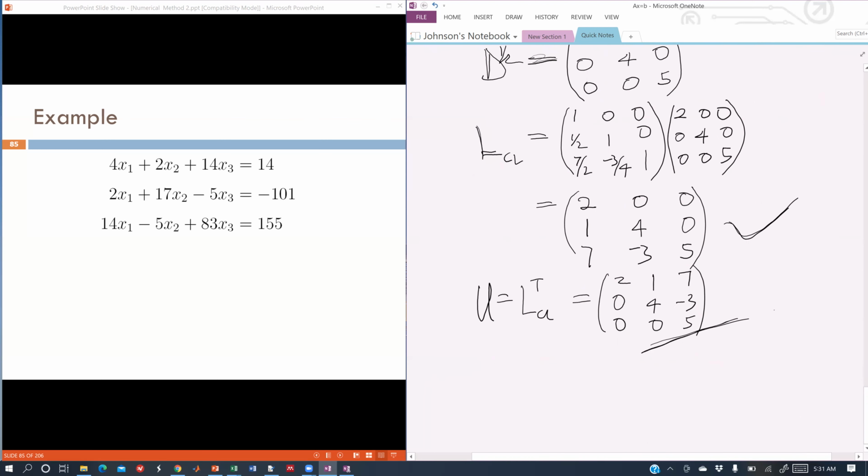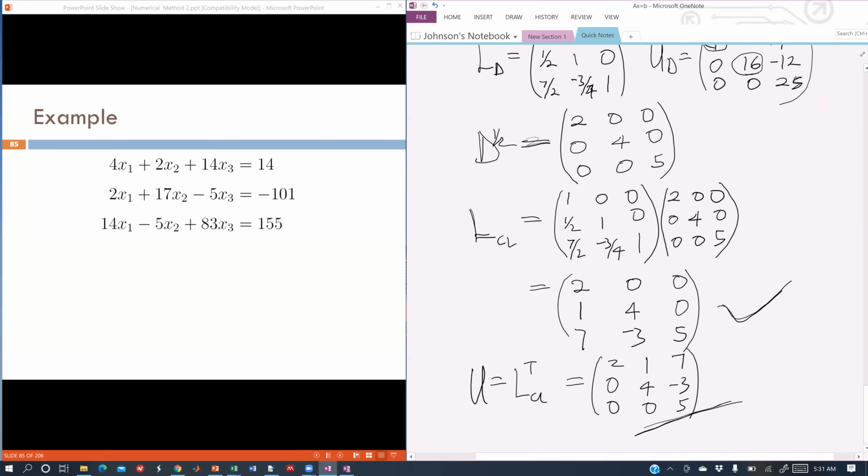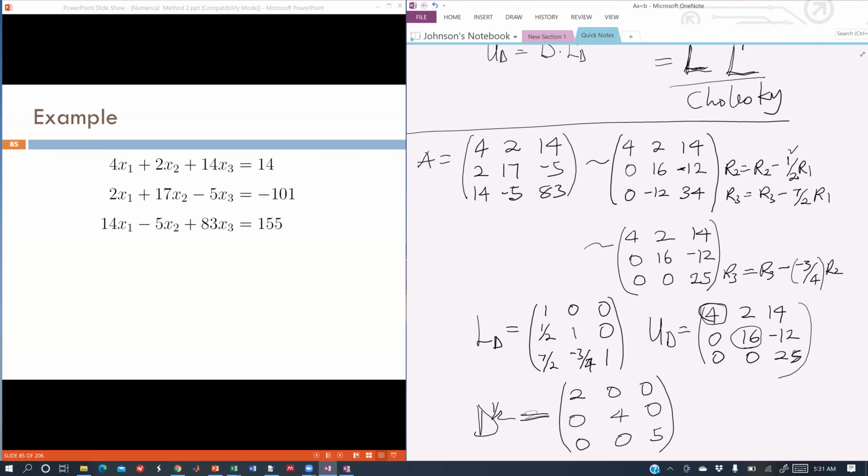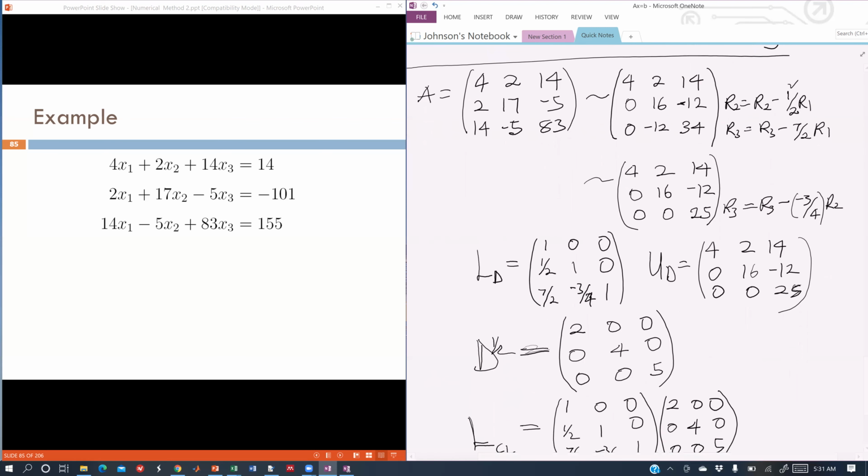So if you are very conversant with Gaussian elimination, then you can find your Cholesky decomposition by passing through Gaussian elimination. Just do the Gaussian elimination method that we use for finding the Doolittle decomposition matrices. So find your L, and then from the upper triangular, just pick the diagonals, take the square roots, and form the D exponent half matrix.